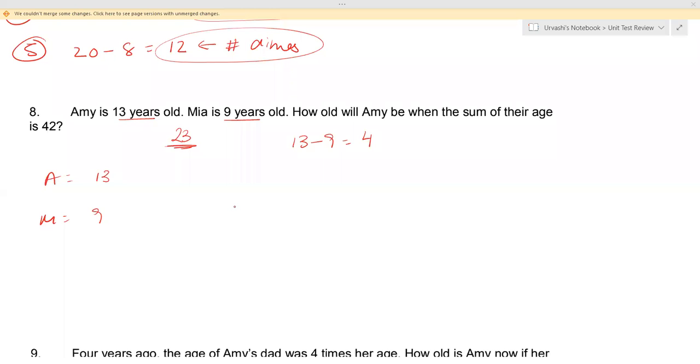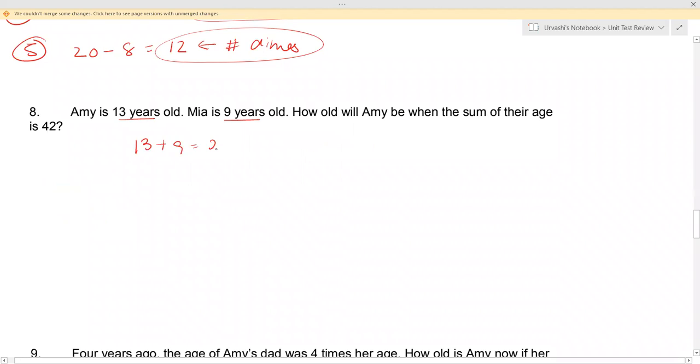Okay. So what I did is 13 plus 9 equals 22. Then 42 minus 22 equals 20. And then I divided by 2, which equals 10.